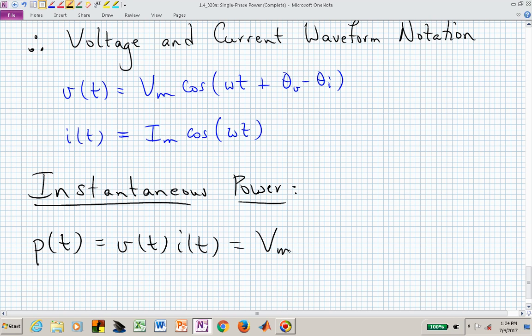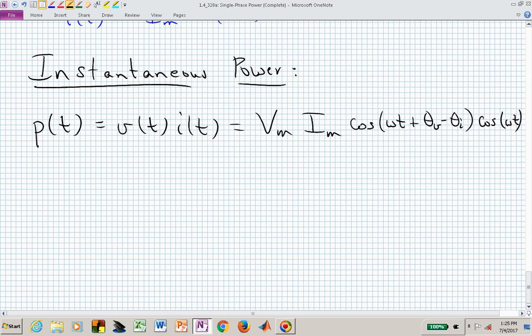If we keep the amplitudes, the product of those, out front, now we have cosine due to the voltage waveform, omega t plus theta sub v minus theta sub I, times the current's cosine expression, which is cosine omega t.